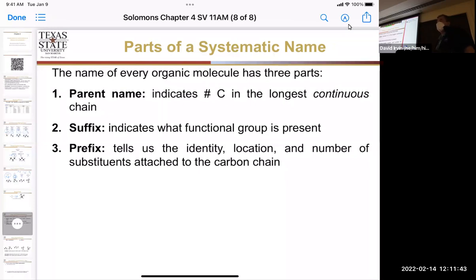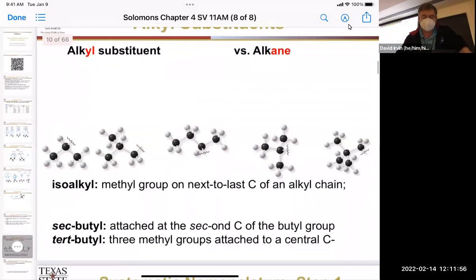Not only what it is, but where it is by telling you a number somewhere on that parent chain.